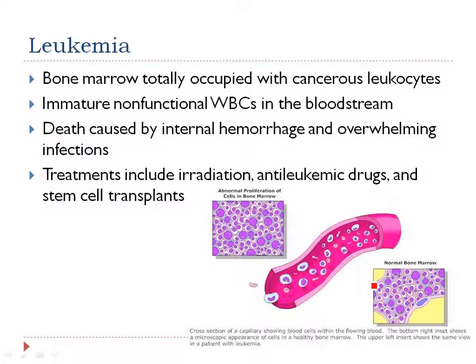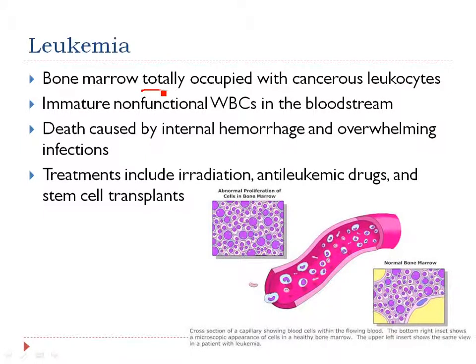Well, why are leukemias so devastating to people that have them? What happens is you think about your bone marrow, and when you study the skeletal system in Biology 201, you have a certain amount of space within your bone marrow that's occupied by that red bone marrow where blood cell formation takes place.